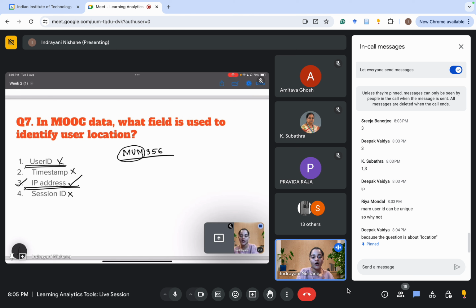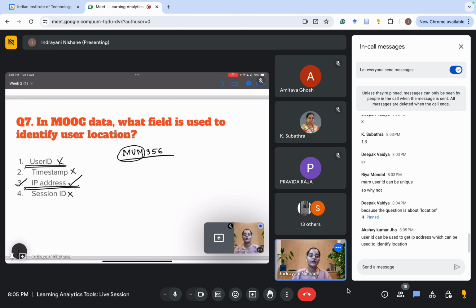Since this is an online computer-based learning environment, we are saying that technology is a very useful scaffold here, which will bridge the gap of geographical differences among the learners. Then how will this user ID help us in determining location? It may tell us what is the native place of a particular learner, but it will not give us information about from what location the user has accessed the MOOC or the system, right?